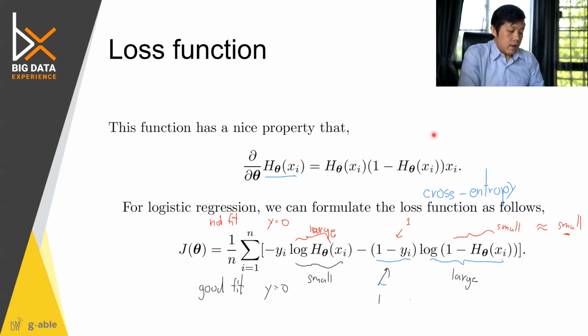And now you can see that here is the loss function. We want to make this loss function as low as possible. And when you make it as low as possible, it means that this has to be as negative as possible. And that would give the parameters theta their best values.